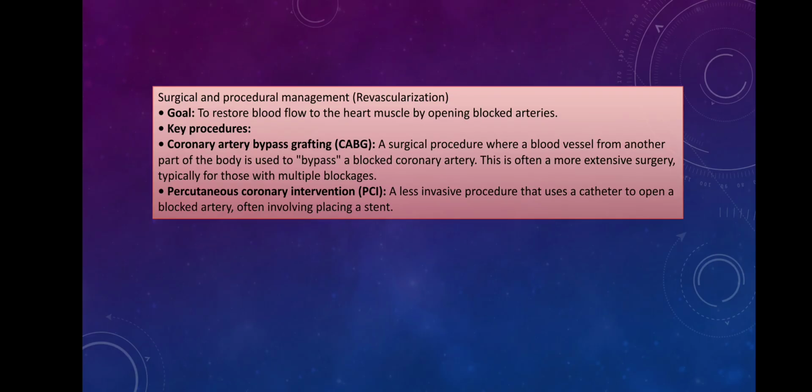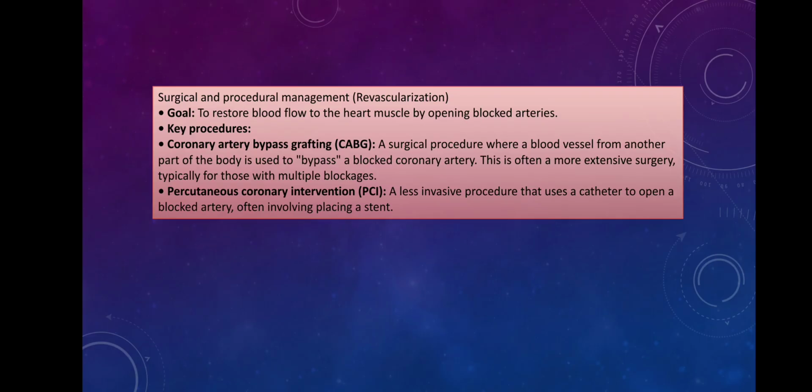In surgery, they can do coronary artery bypass grafting. How will it be done? For blocked coronary arteries, it is often a more extensive surgery, typically for those with multiple blockages. Blood vessels from another part of the body are used to bypass.